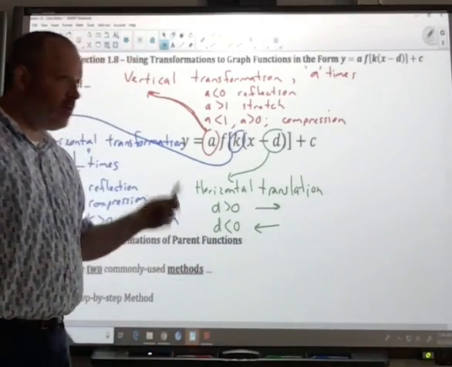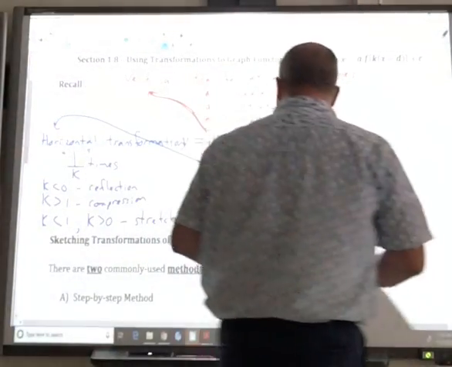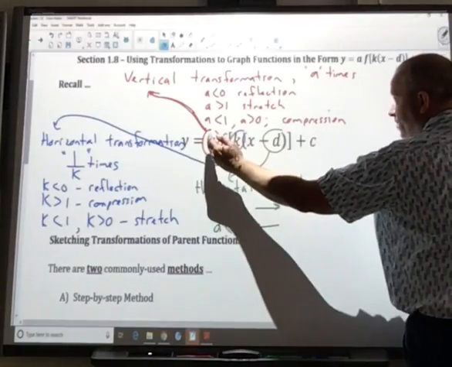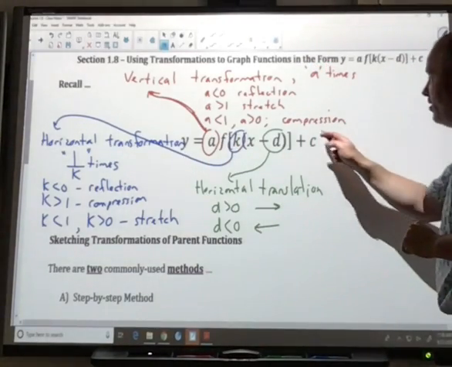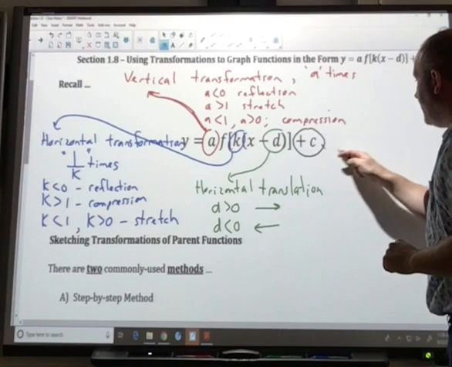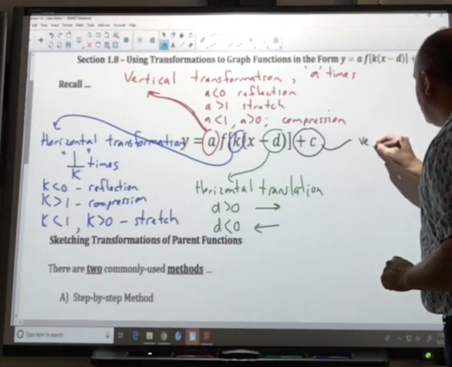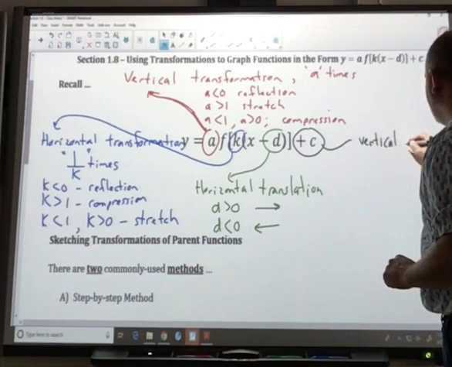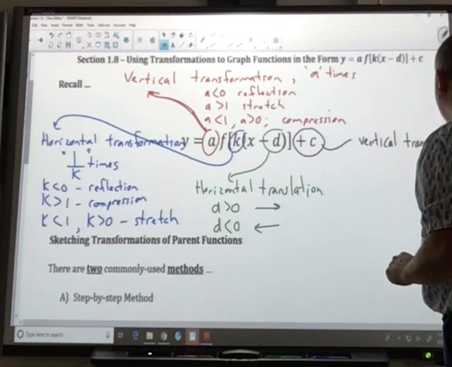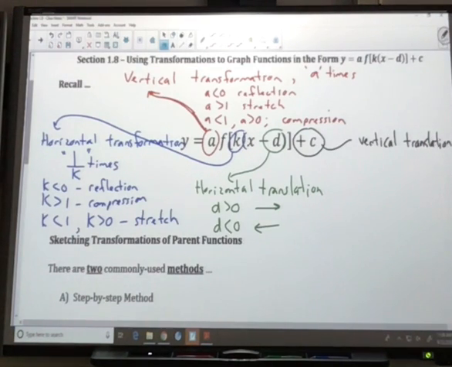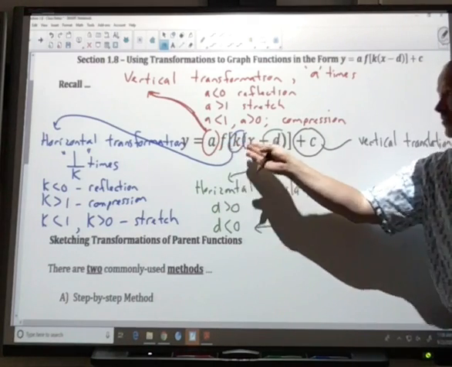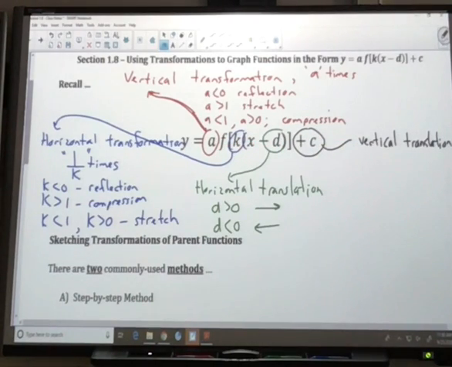The stuff that affects our y values is on the outside. So we've got the a that's multiplied on the outside, and we've got the c that's added on the outside, and that's going to be a vertical translation. All of these values are values after you take them out of the factored version of your equation.